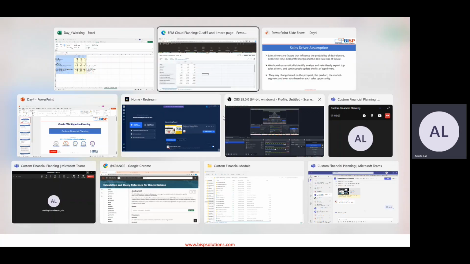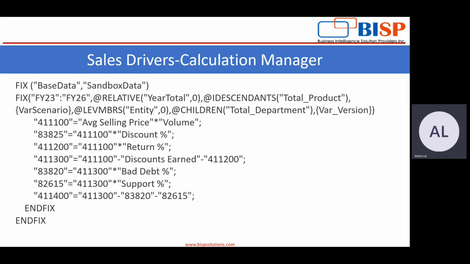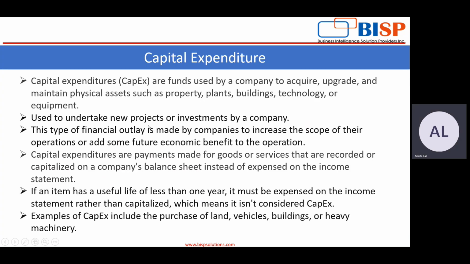Okay, so I'll show you the rule that we have written. This is the rule that we have given for calculation of the revenue with the help of the drivers here. As I explained before, average selling price is multiplied with the volume, as we can see in the slide.